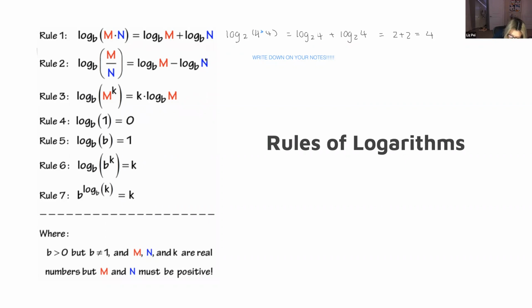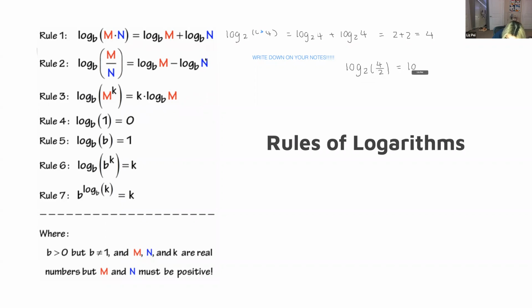And then here we can do the same thing. So we have log base 2 of 4/2, right?